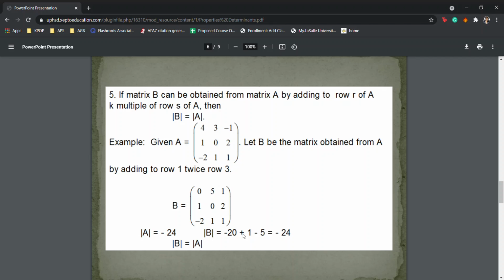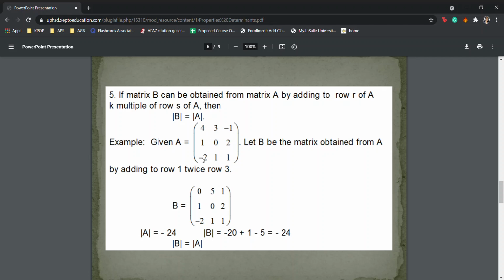So, considering the same matrix A, whose determinant is -24, let us obtain matrix B by adding to row 1 2 times row 3. Okay, so we multiply each element of row 3 by 2, and then add it to row 1.